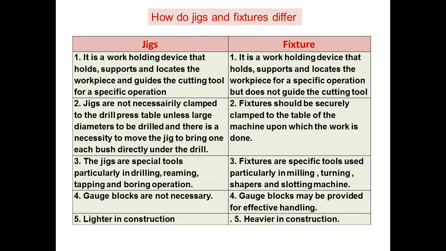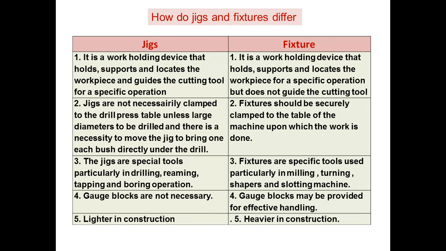Second, jigs are not necessarily clamped to the drill press. Generally jigs are not very big or heavy, so they can be kept directly wherever the drilling operation is to be performed, whereas a fixture should be securely clamped to the table, because much more force is incurred in operations like milling and turning, so the fixture has to be mounted very securely on the table.